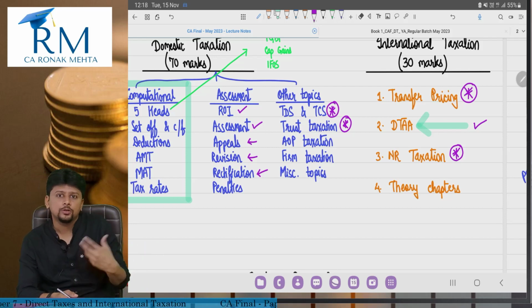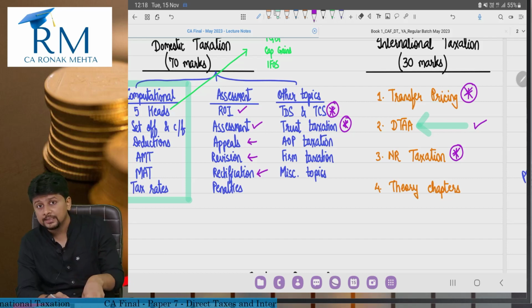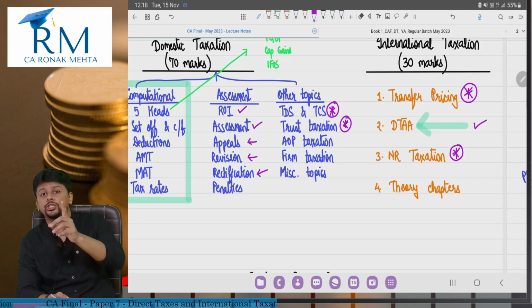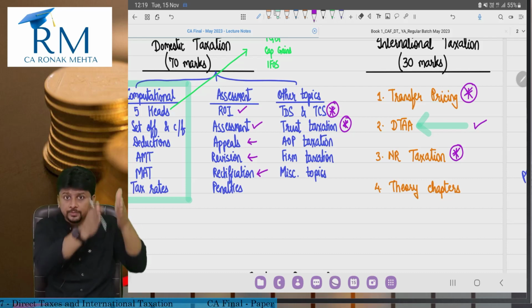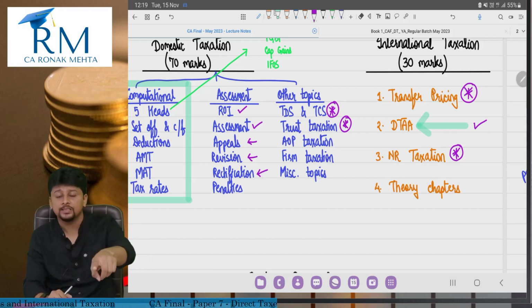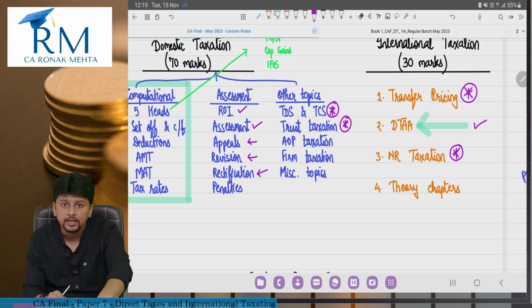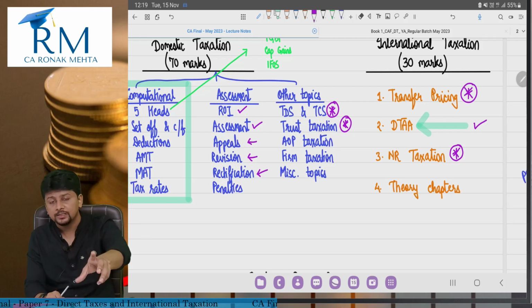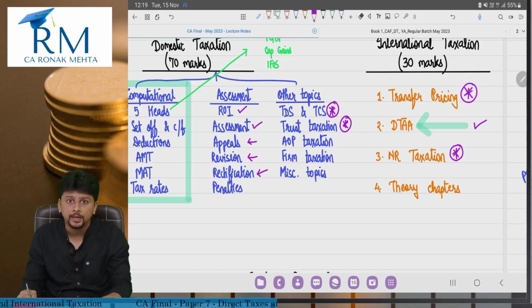But everybody is not going to be honest enough to pay income tax. So there has to be a mechanism to do the administration of this. Administration is the second part of your syllabus: assessment. Ask the assessee to file a return. If need arises, we will pick up the case for scrutiny assessment and tell the assessee that what you've done is right and that what you've done is wrong. That is the administration part.